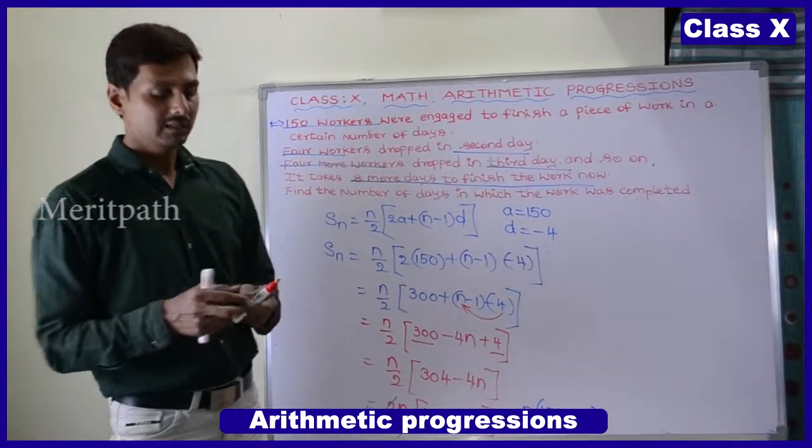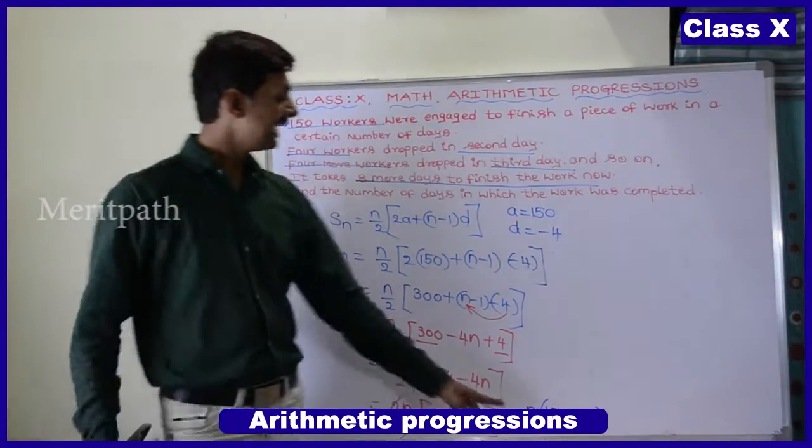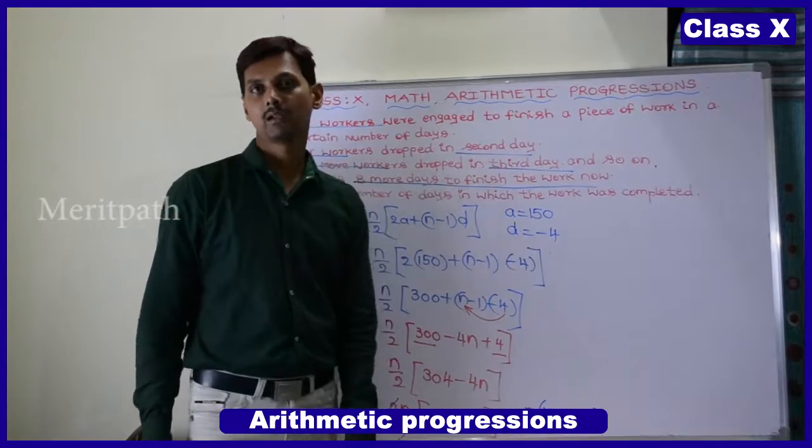So the number of days they have taken to complete that work is n into 152 minus 2n.